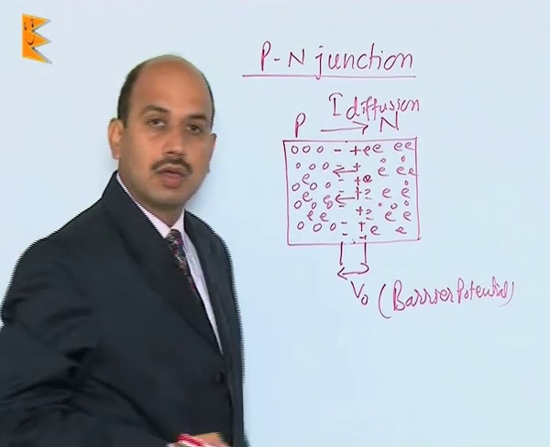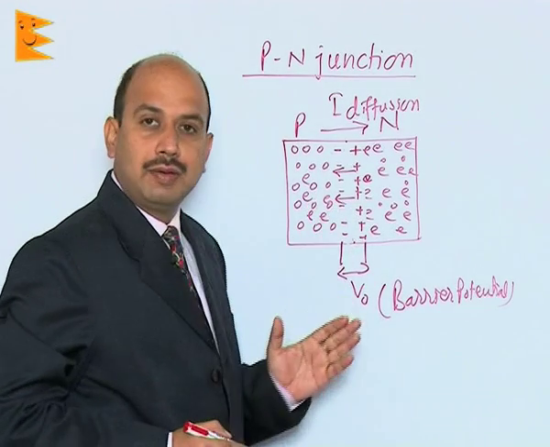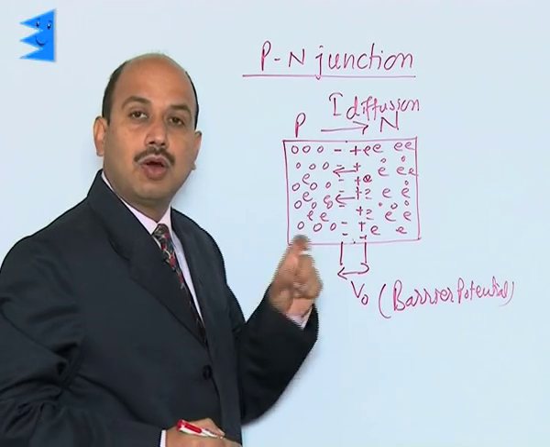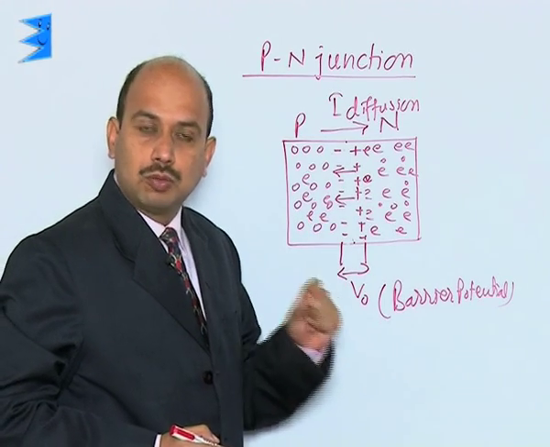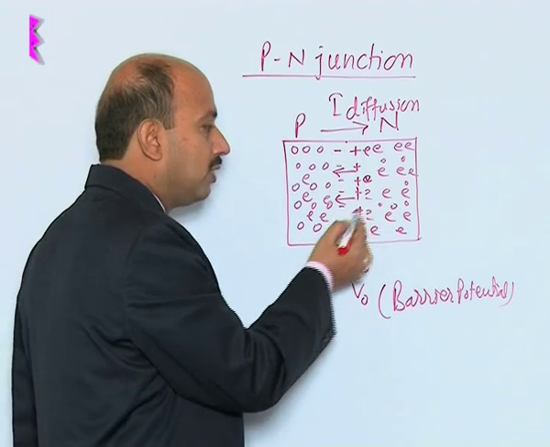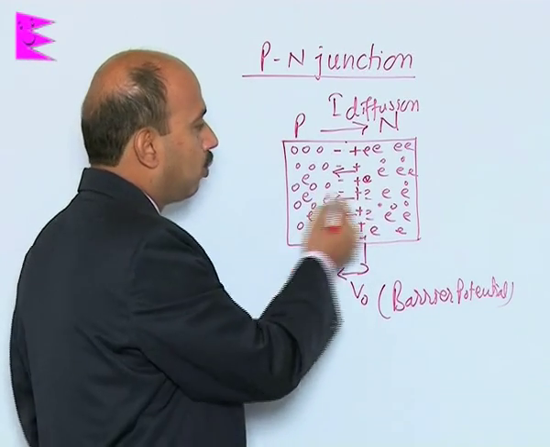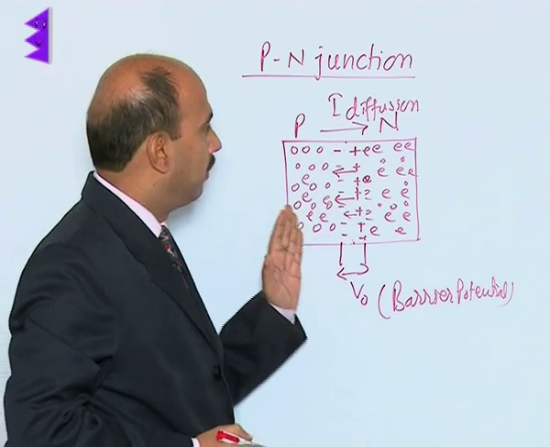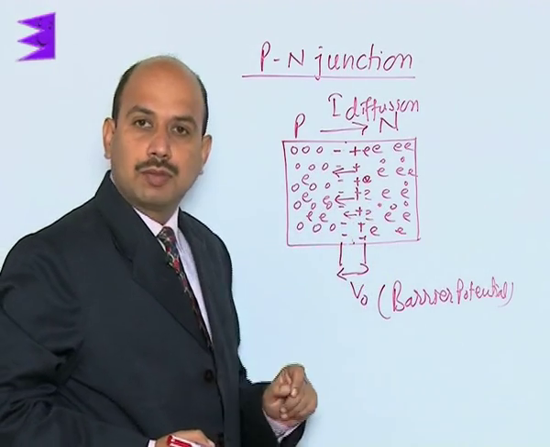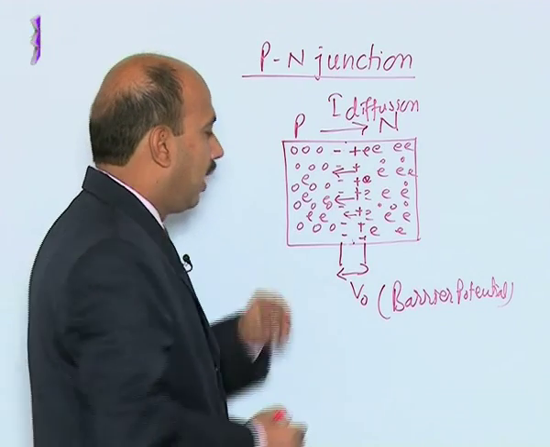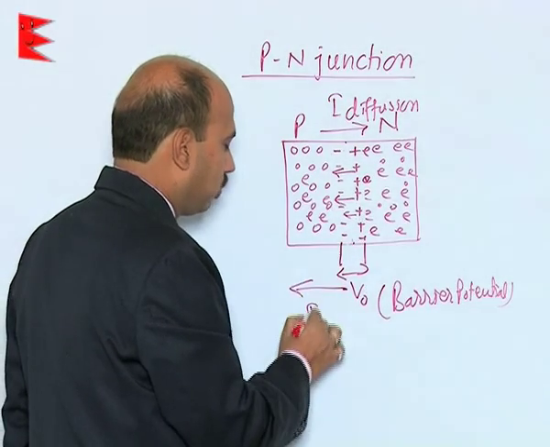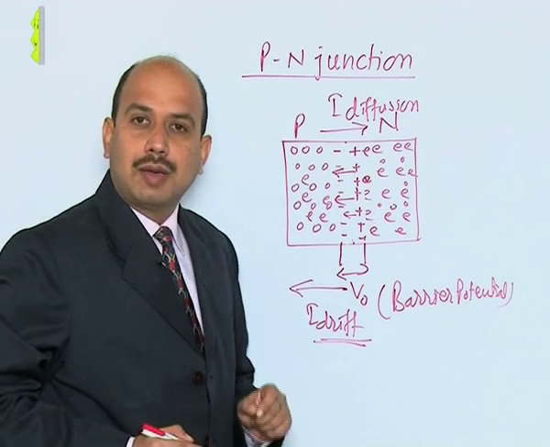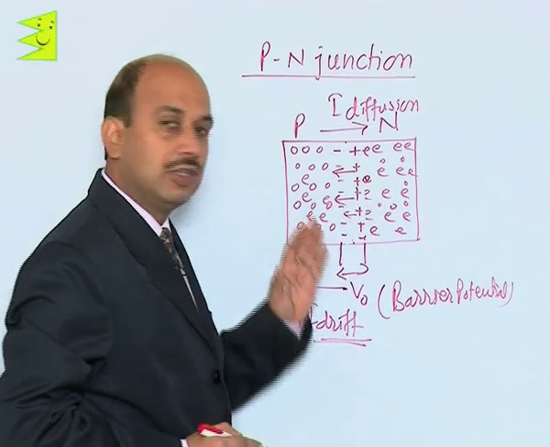Because of this barrier potential, minority carriers come into motion. Holes move from n to p and electrons move from p to n. Because of that, a drift current is there, in the direction opposite to the diffusion current. So the drift current comes due to the electric field developed at the junction.